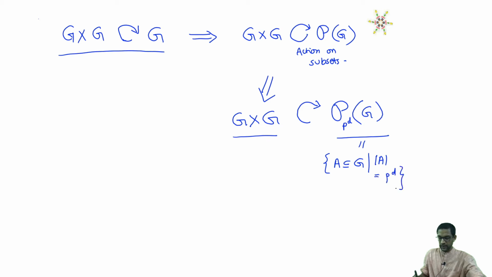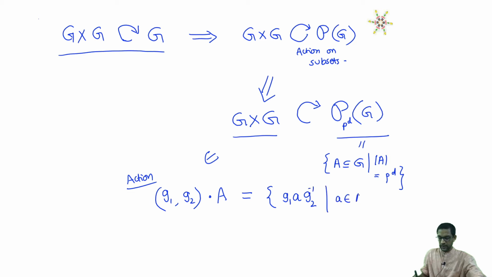So there is an action on all such subsets, and just to recall, what is that action? If I give you a pair (g1, g2) in G cross G, its action on the subset A is given by a new subset whose elements look like this. It takes every element of A and applies the two-sided action to it.